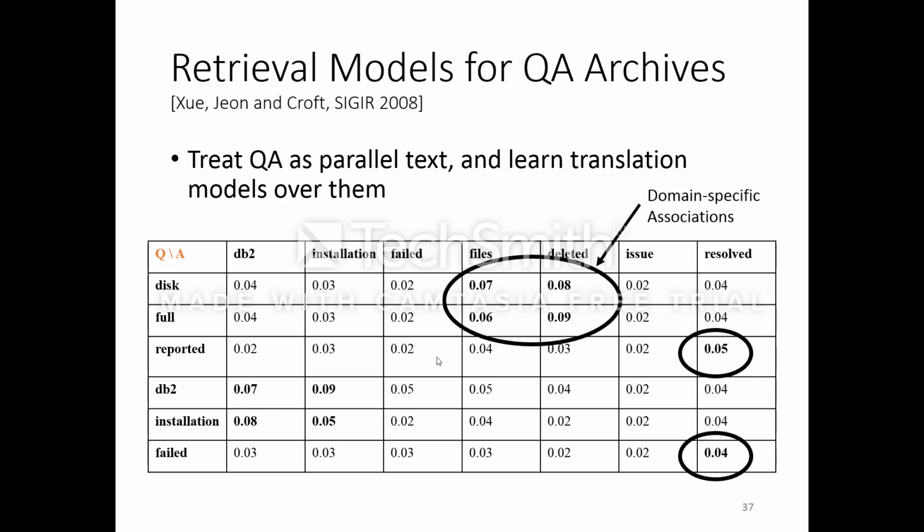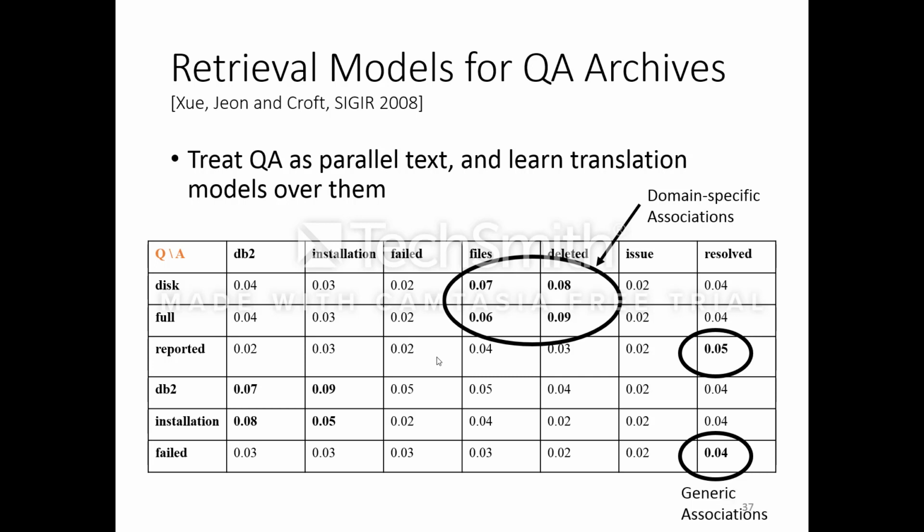So here you have reported and resolved having a high probability, with reported appearing in the question and resolved appearing in the answer. So that combination has a high probability, and failed, comma, resolved has a high probability. And you might see that the first part of this matrix that is highlighted denotes domain-specific associations, which are very specific to the QA scenario that we ran this corpus over, which is the IT service help desk.